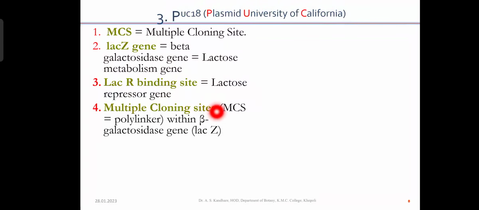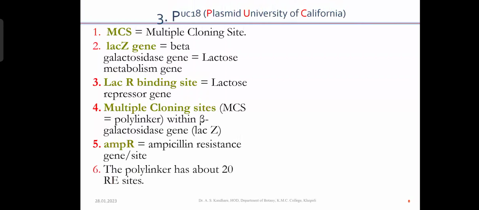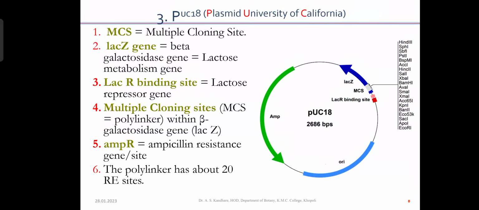AmpR, the ampicillin resistance gene, is present. The polylinker has about 20 restriction sites. So these are the features, and here is the figure you can see.